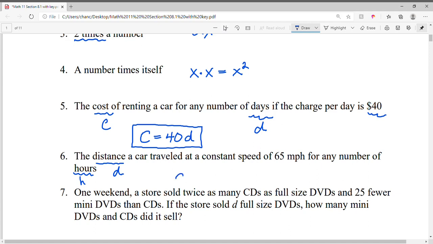We're going to put distance is equal to 65 times H, because I'm traveling 65 miles per hour. So I'm going to multiply the hour times 65 to figure out how far this car traveled. So this is our equation. D equals 65 times H.